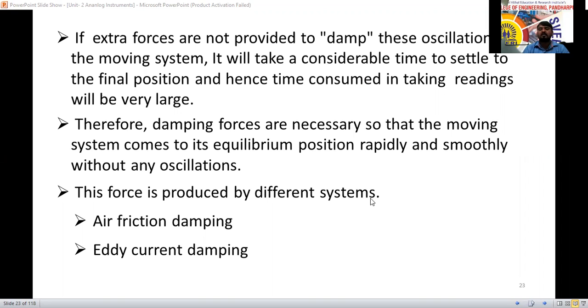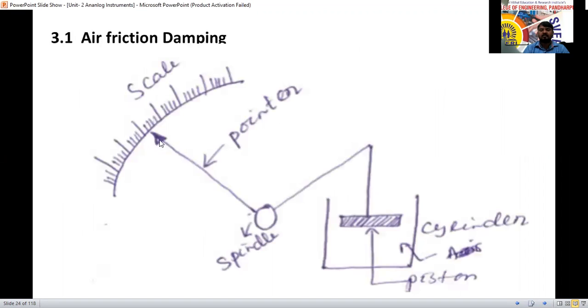The same principle we can apply for the measuring instrument for the damping force. See here, this is the pointer. Whenever it rotates in the clockwise direction, this pointer rotates clockwise.